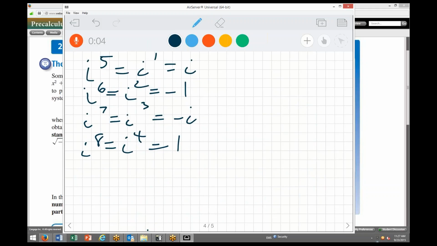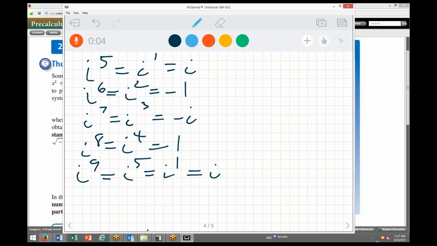It's just 1. And this continues forever, class. i to the ninth is the same as i to the fifth. It's the same as i to the first. It's just i. So it repeats every 4 integers. The pattern repeats. i to the first, second, third, fourth, fifth, sixth, seventh, eighth, 9, 10, 11, 12, etc.